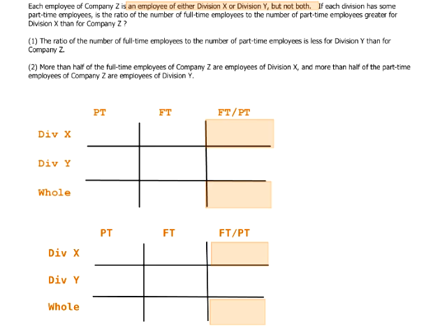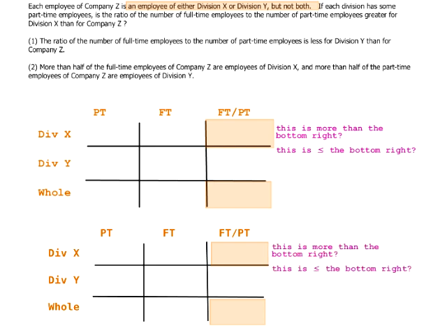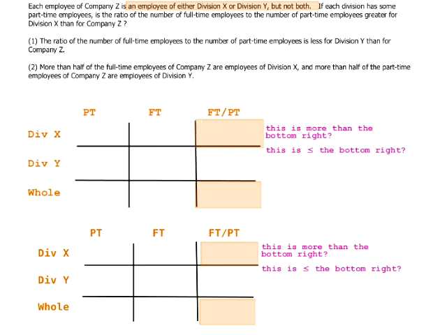This is more than the bottom right would be a yes answer. And this is less than or equal to the bottom right would be the no answer. Same sort of thing. And if we can get both of these to happen, then it's not sufficient.